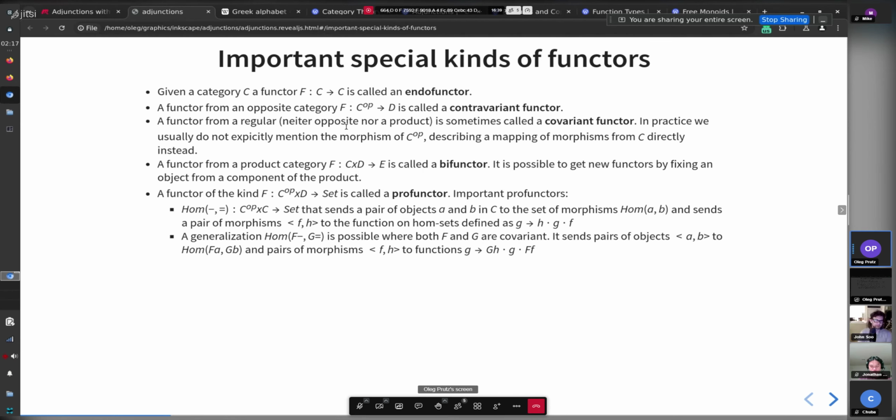Remember the opposite category from the category definition. So everything that's not a contravariant functor or a bifunctor is sometimes just called a covariant functor.